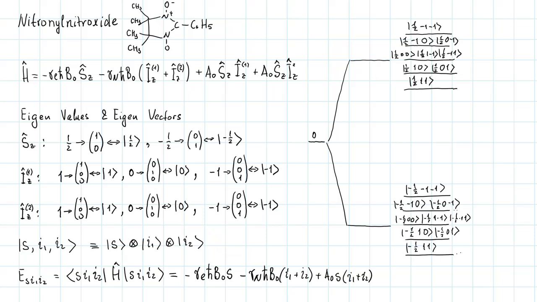Now we have arrived at the last term, corresponding to the hyperfine interaction. The behavior of this term is in some sense similar to the behavior of the second term. However, it depends additionally on the magnetic quantum number S. This will have the opposite effect on the spin states with S equal to 1/2 and S equal to minus 1/2.